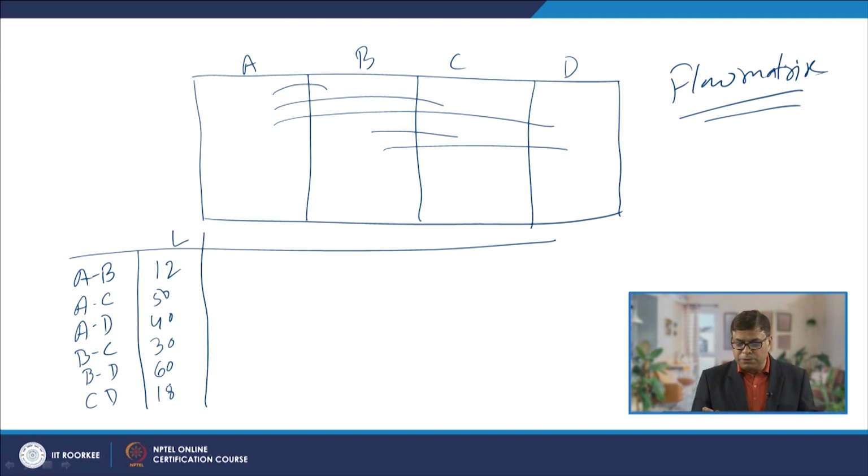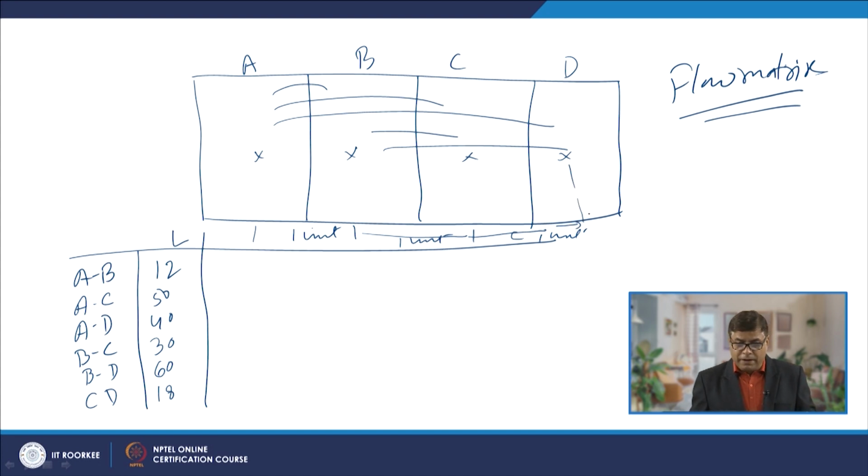If we assume that the center to center distance between these work centers is the same, say A to B distance is 1 unit, likewise B to C is another 1 unit, C to D is again another 1 unit.